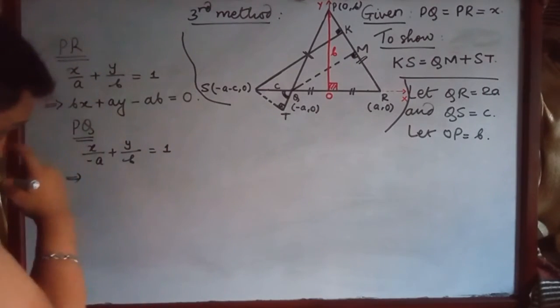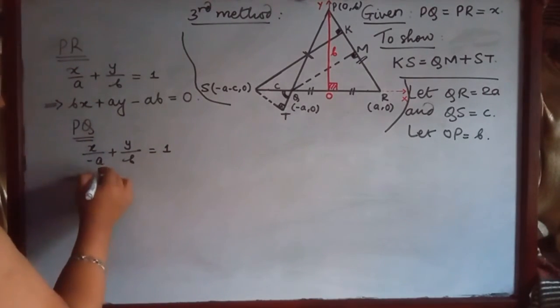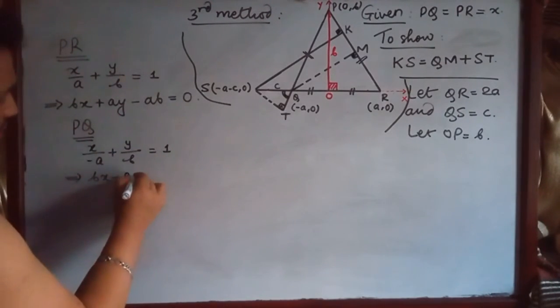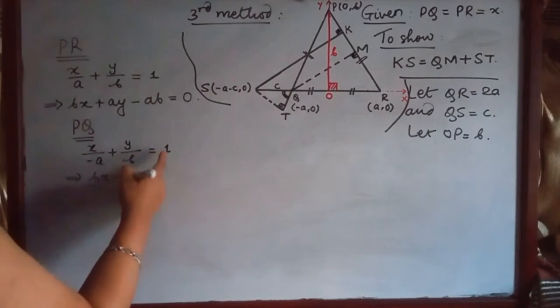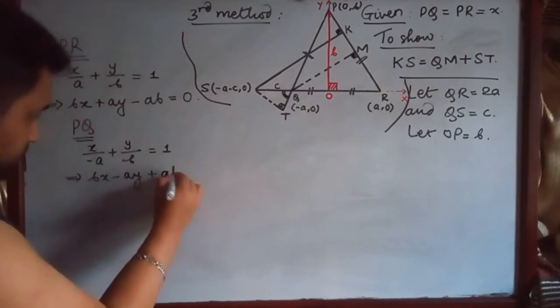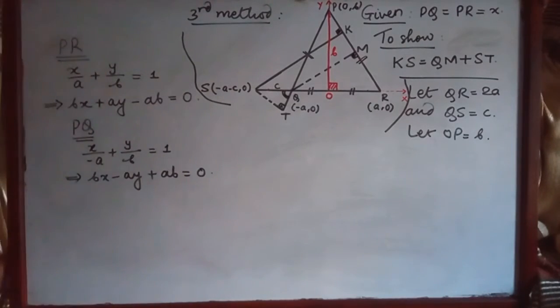This is bx - ay + ab = 0. Okay, all right, now QM.